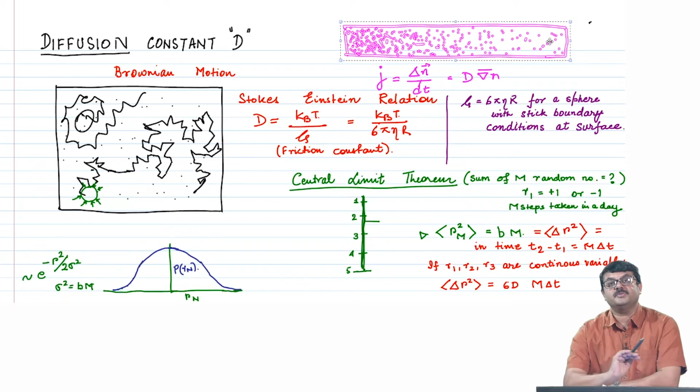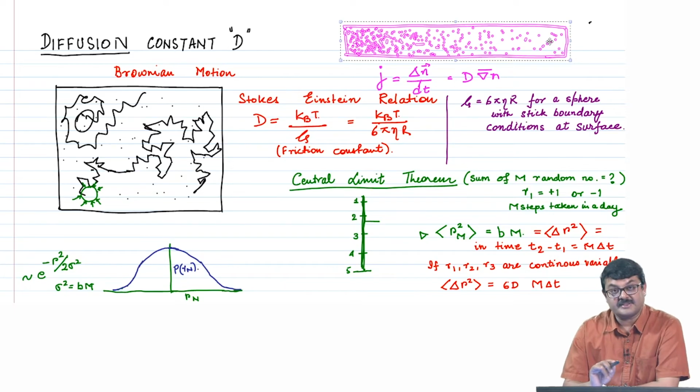And then what you say is that, well, after some time there is a non-equilibrium situation because the density is not uniform, and there will be a net current of particles moving from left to right, from the region of high density to the region of low density.